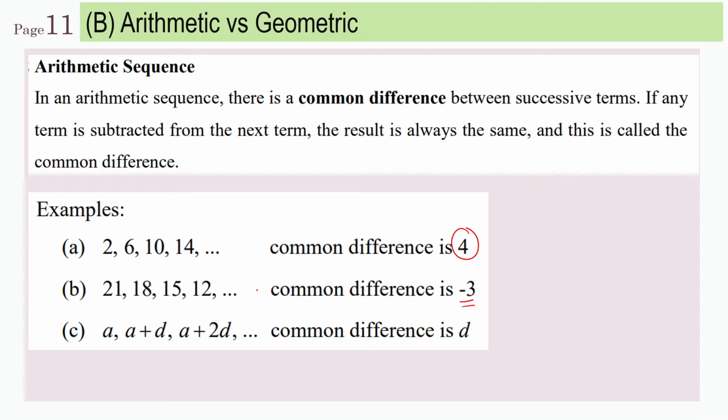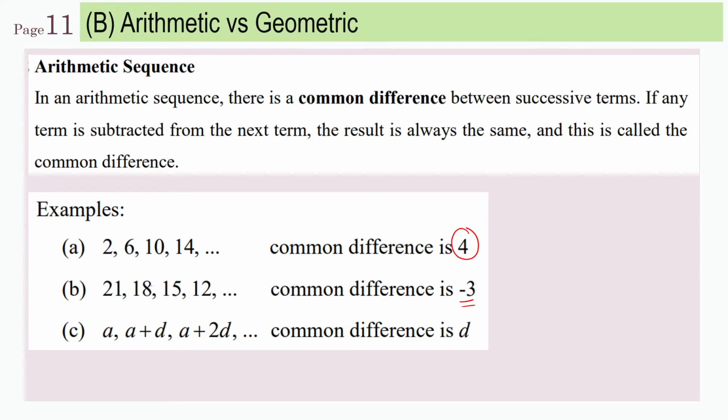Once you see that negative value, you will never go back to a positive value anymore, because your sequence is decreasing. This is not like geometry. Geometry is slightly different. You can have the alternating sign also.